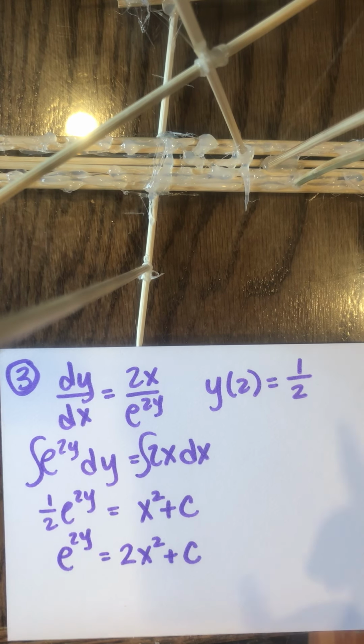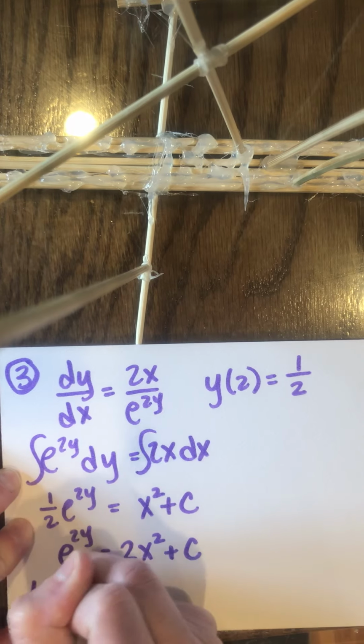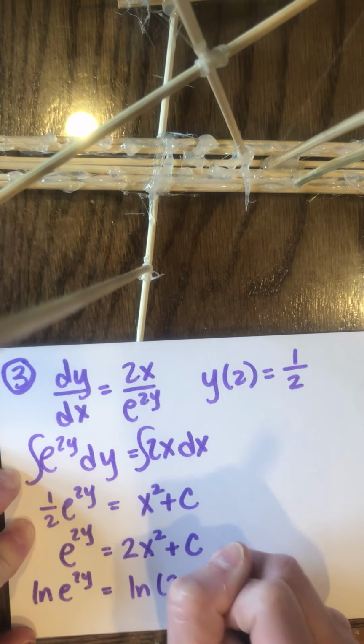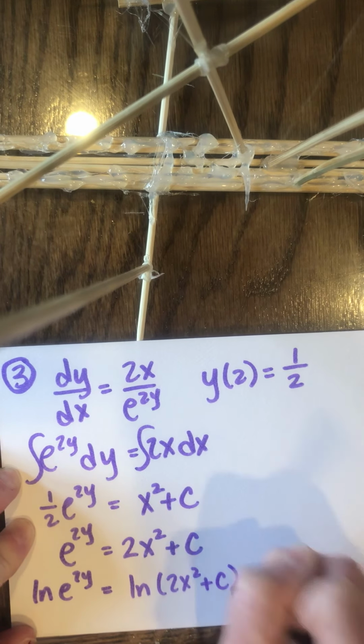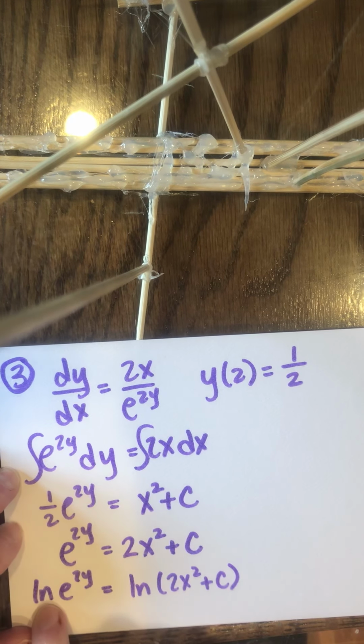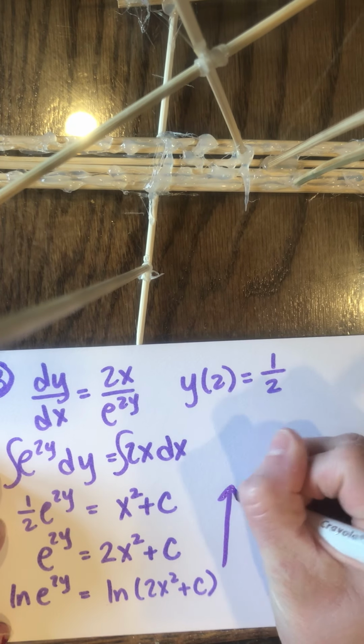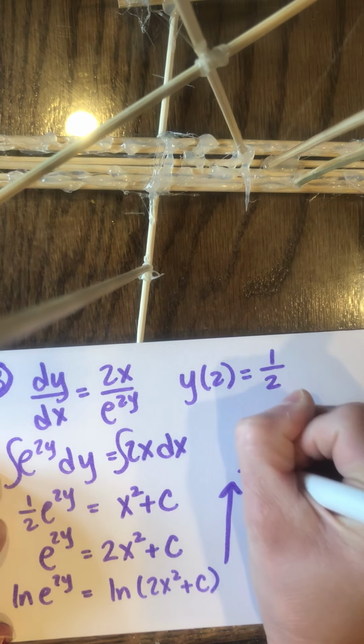Then I am going to take the natural logarithm of each side. By doing that, the natural logarithm and the base e are inverses of one another. In doing that, I can then solve for y.